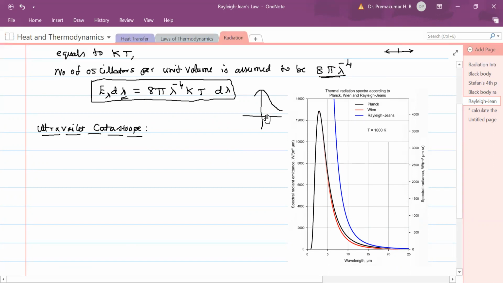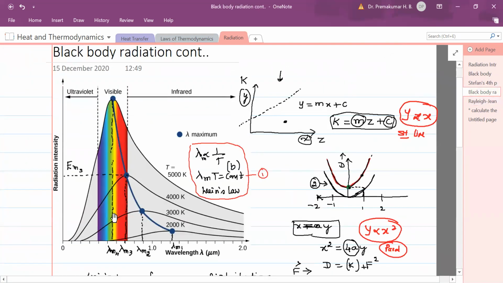The energy by the black body is very high at lower wavelength. It means all the energy by the black body is concentrating, according to them, in the violet region only. But in the actual curve, see, in the violet region there is very little energy. Energy is concentrating in which region?